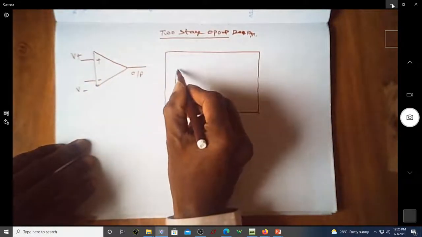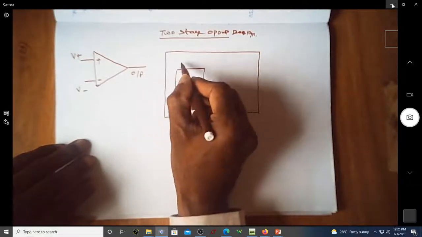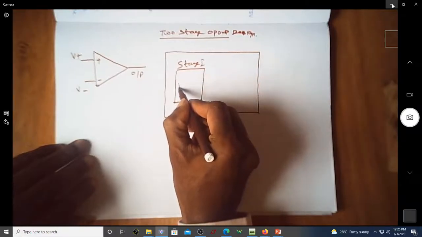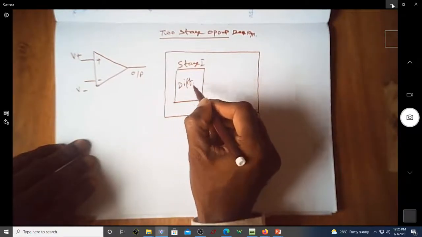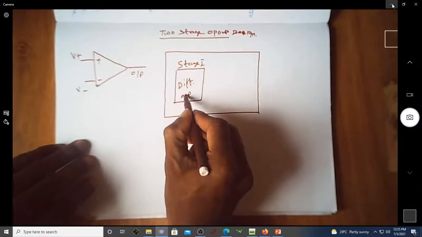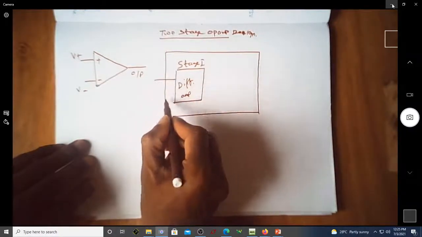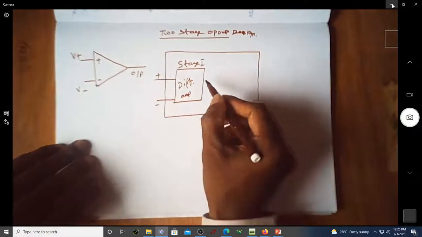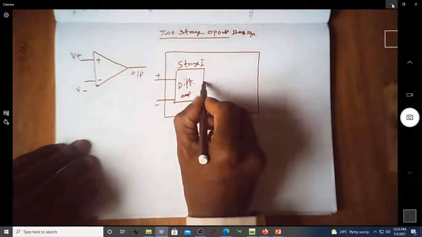So let us have the first stage. This is stage 1 of the op-amp, where naturally a differential amplifier should be the input stage. This will certainly have a non-inverting terminal and an inverting terminal.